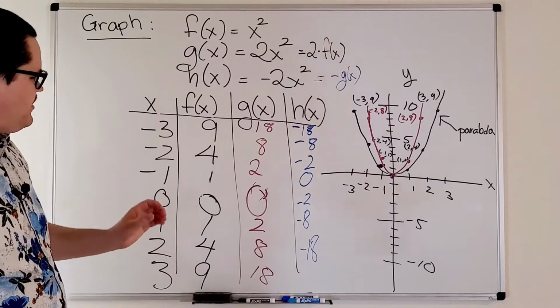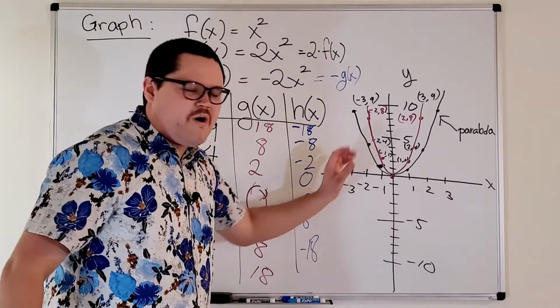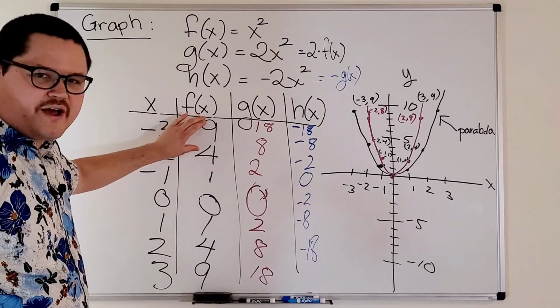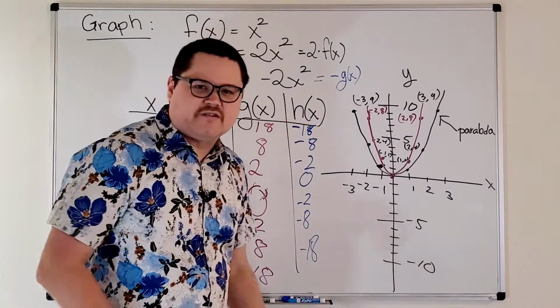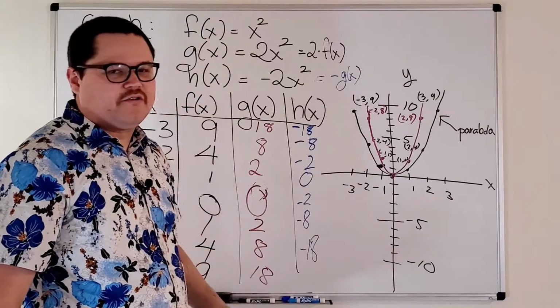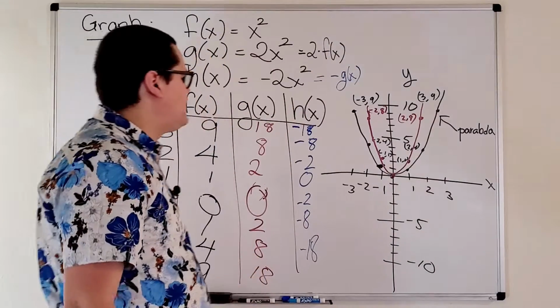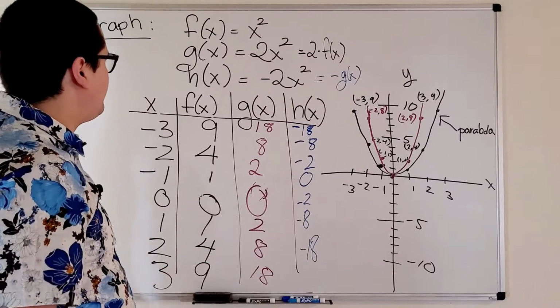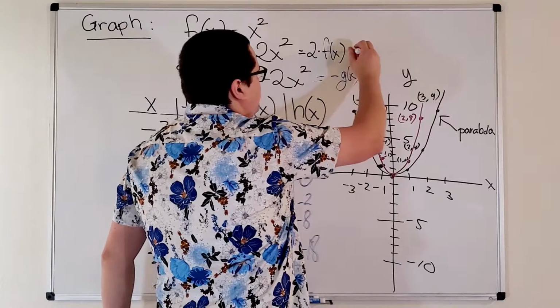But how does it relate? Well, each of these y values was twice the corresponding y value for f of x. So this is a stretch by a factor of 2 along the vertical axis. So let's put this somewhere. I'll put it here.